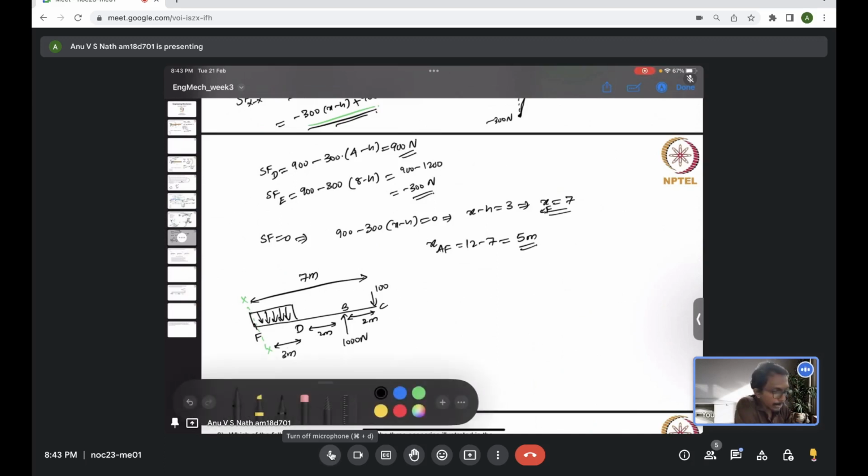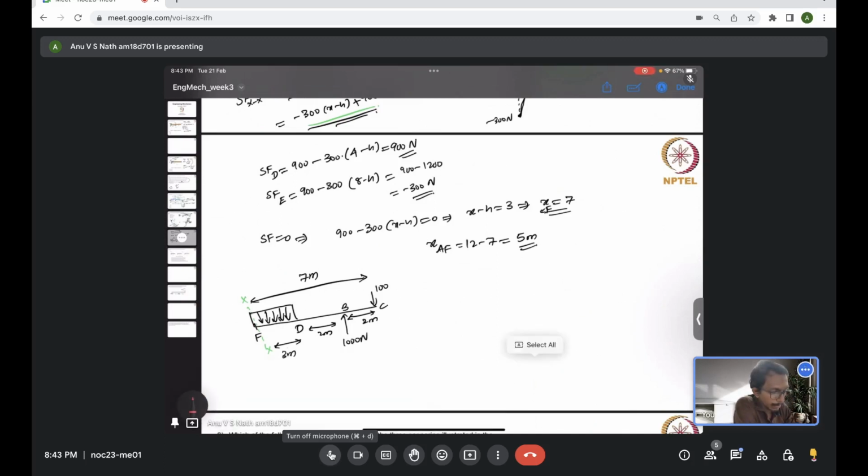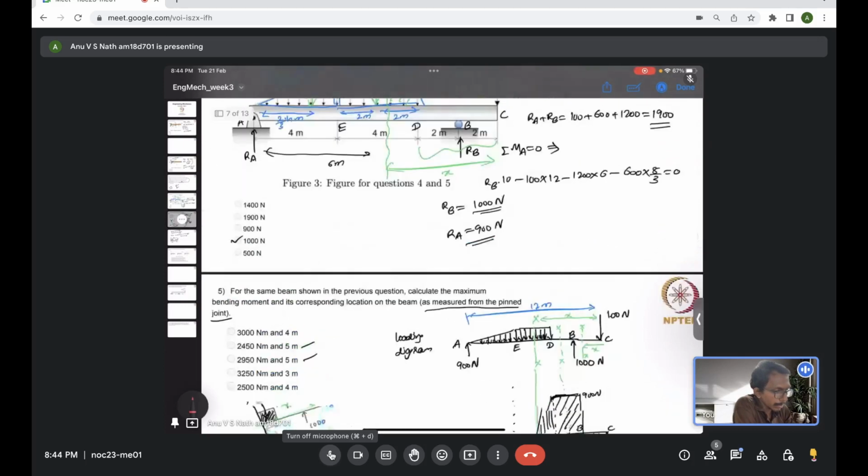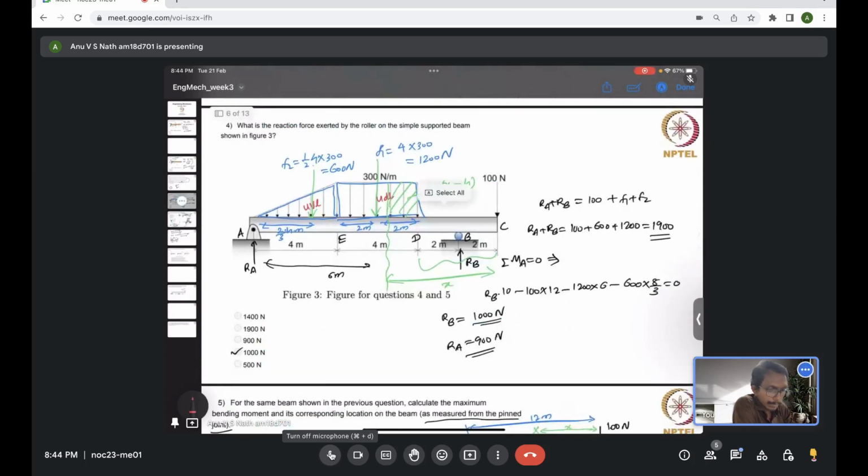Now because we are taking the moments, we need the equivalent force due to this UDL. So which is basically 3 times 300 Newton per meter, which is the intensity of this UDL.